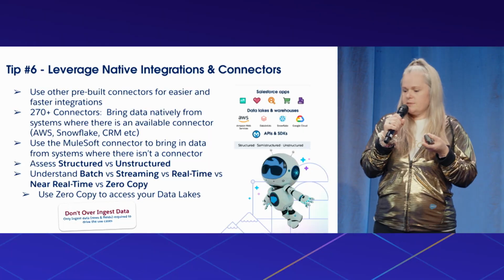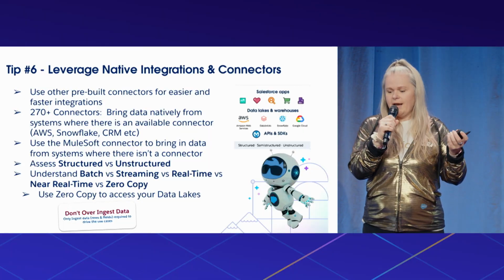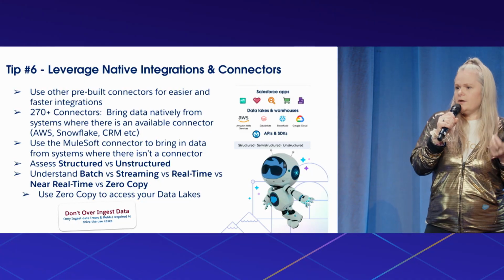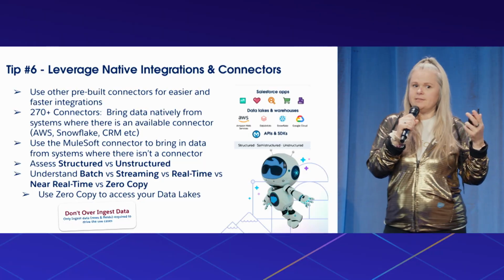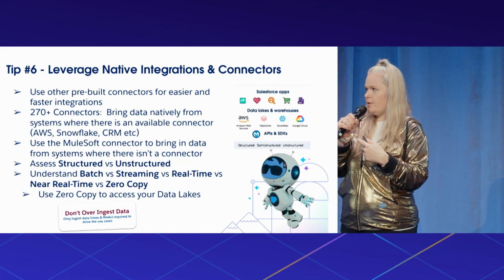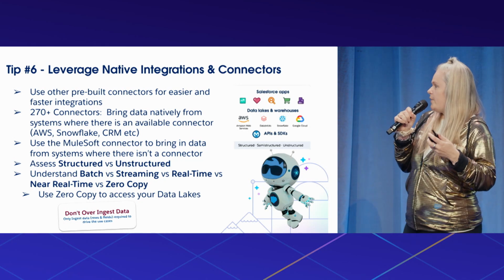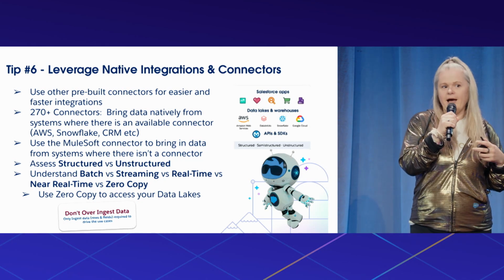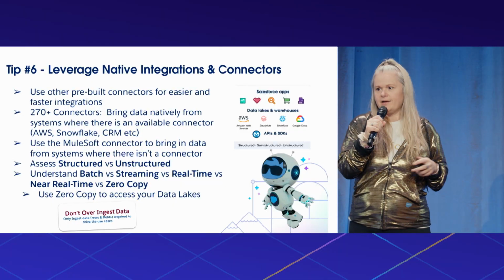So there's the MuleSoft connector, which if you have MuleSoft in your environment, you can really connect to anything with that and bring the data in through that. You can also push data to things like AWS or Snowflake or Databricks and then bring the data in that way. That would be more the zero copy because it's a data lake. So there's a lot of different ways you can get your data into Data 360. So you really want to think about that first before you start connecting and bringing things in, because you might have to go back and revise.